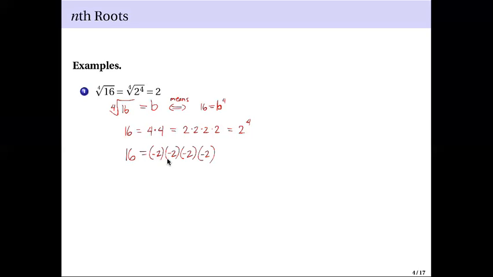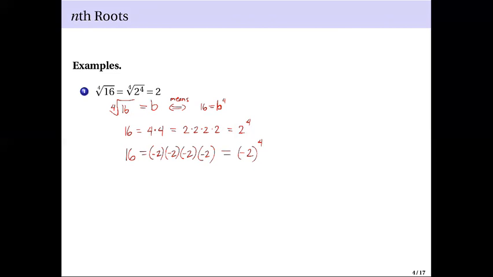So all those negatives will just cancel each other, and we will have a positive number. Which means that this can be written as negative 2 to the 4. But why are we not using negative 2? But we used positive 2 instead.